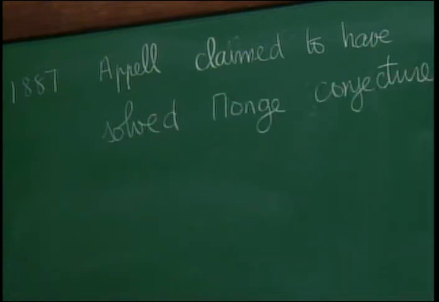Now, if you read through the work of Appell, you realize that this is not a proof in the modern sense. In modern times, it was realized that what was claimed by Appell cannot be considered as a proof.